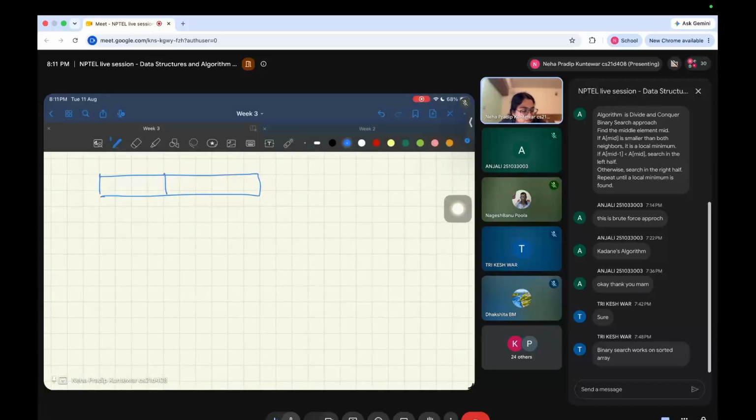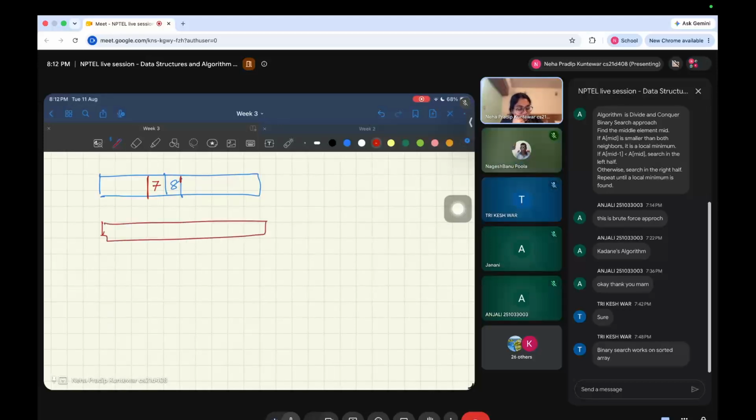Let us say that the mid value was 8, but this is not the local minimum. It is possible that maybe you have something smaller immediately next to it. So these are the four cases that are possible.